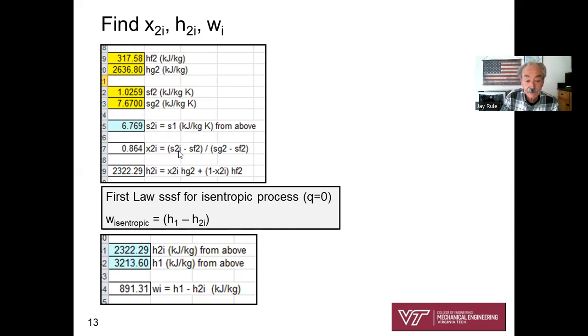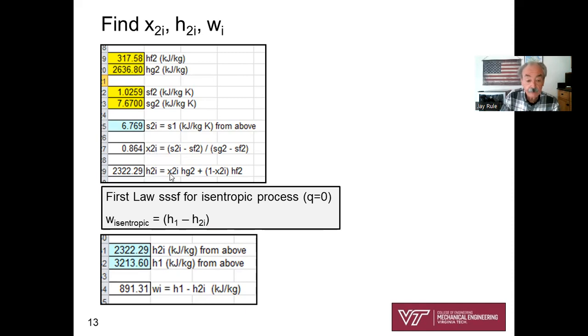It's S2 isentropic minus SF, divided by the quantity SG minus SF, and we get 0.864, 86.4% quality. And then we're going to back solve. We're going to use the definition of quality X2I to solve numerically for H2I, because we're going to need that to determine the isentropic work.